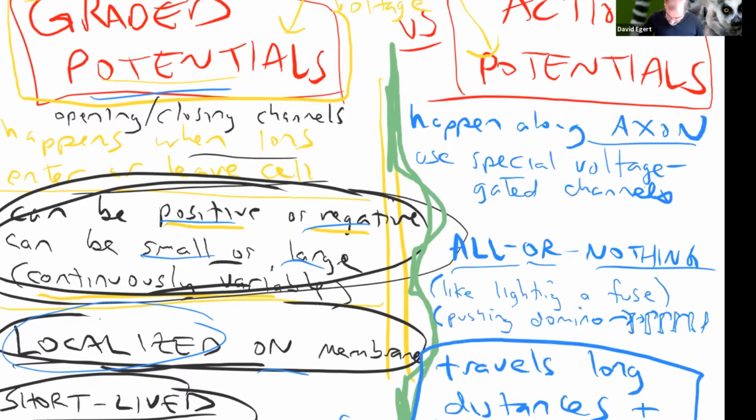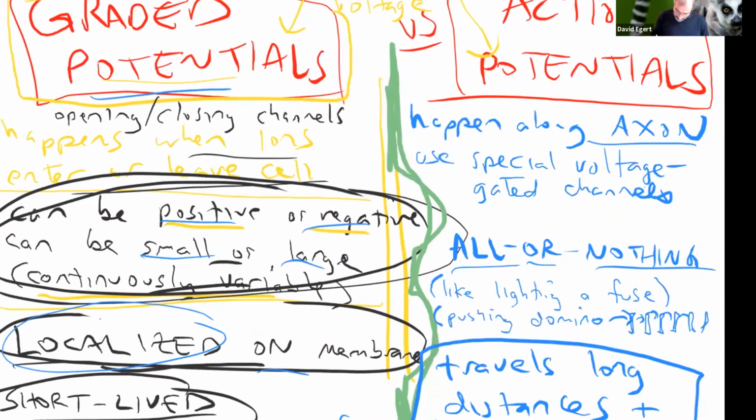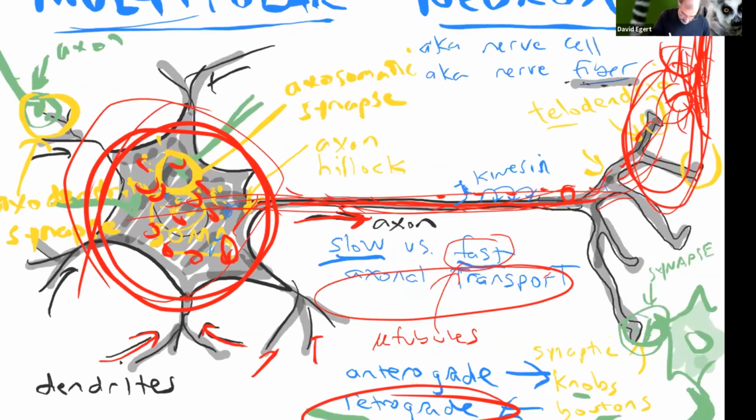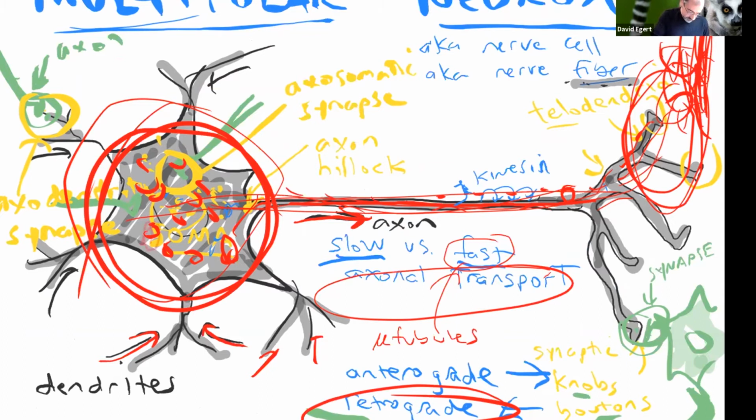So if I go back to this picture here, my graded potentials are going to be happening, let me maybe do some color. Graded potentials are coming in here, but then once they happen, they go away. There's some graded potentials over here, but then they go away.